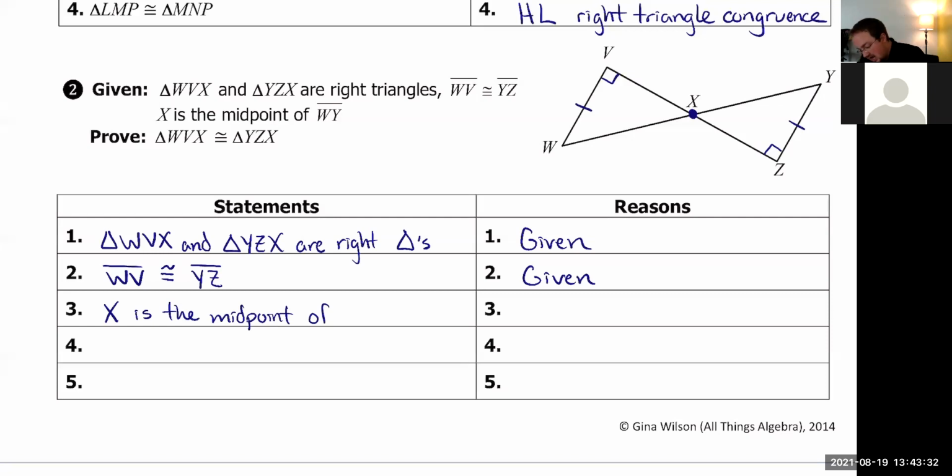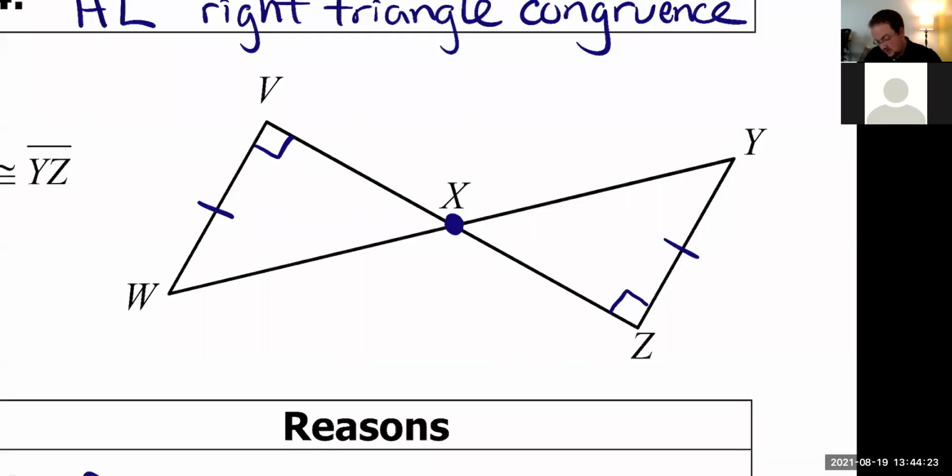If I zoom in here, X is the midpoint of WY, which means it is located where on this segment? Oh no, my screen. All right, sorry for that little snafu. Again, as I was saying, X is the midpoint of WY, which means X is located where on this segment?